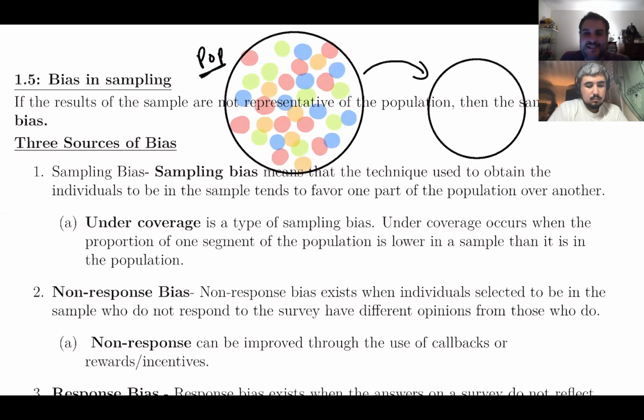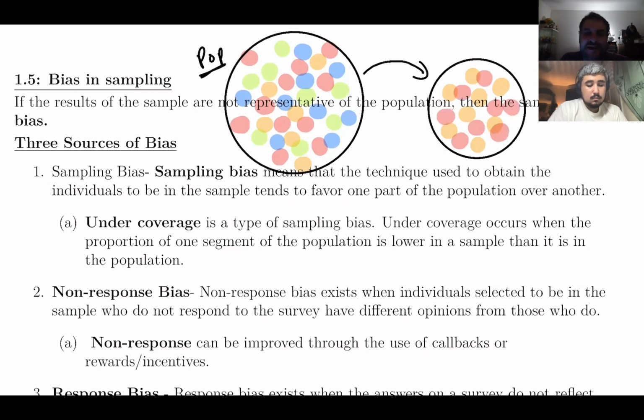All right, so let's say that's my population. Whenever you have something that's under coverage, that means that the entire population is not represented. So that means that the entire group are not equally represented. So say if we take a sample, we have my orange and we have red.